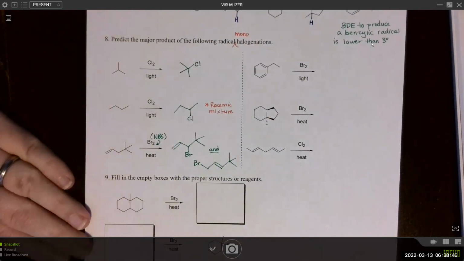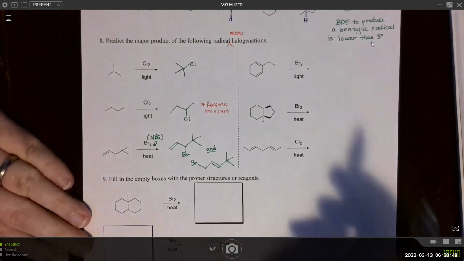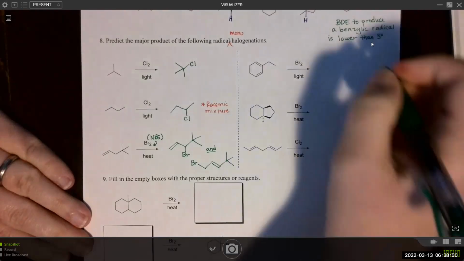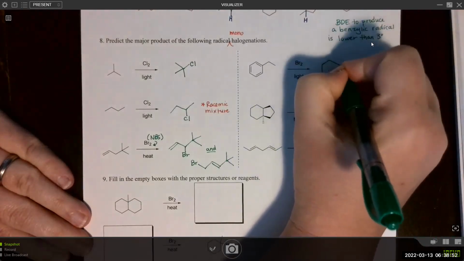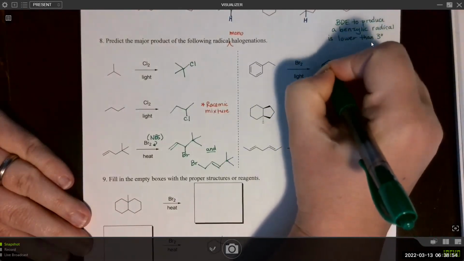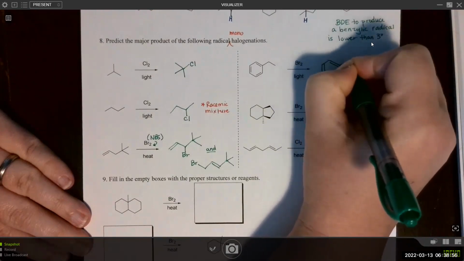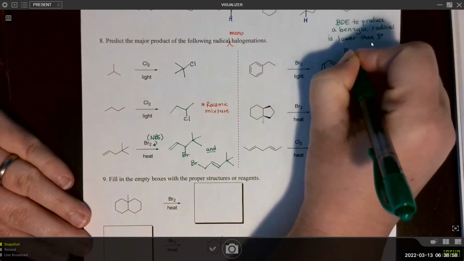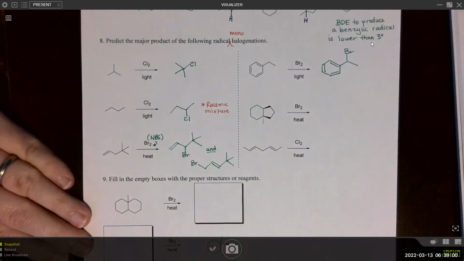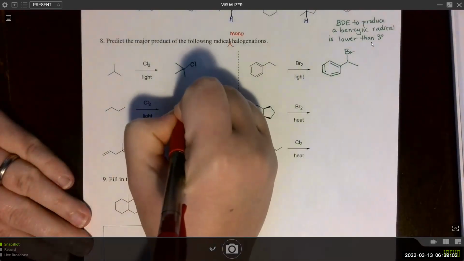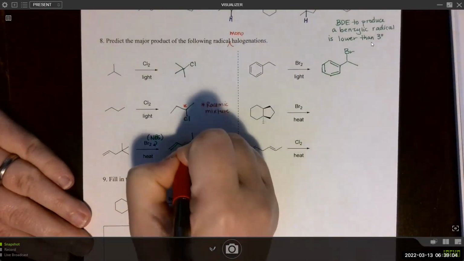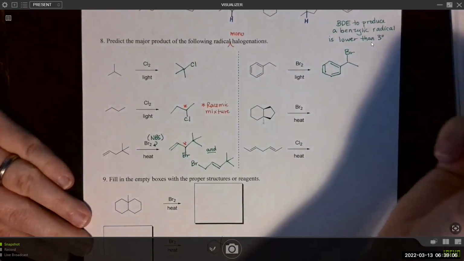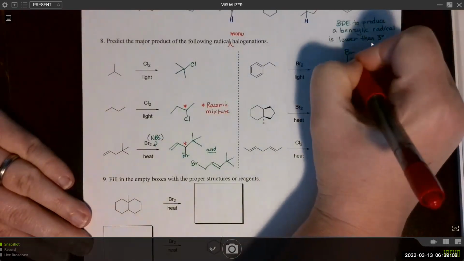Okay. For here, we should put the bromine at the benzylic position. So technically, this is a racemic mixture. This would be a racemic mixture.